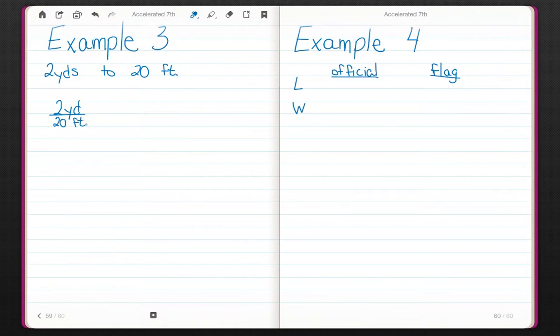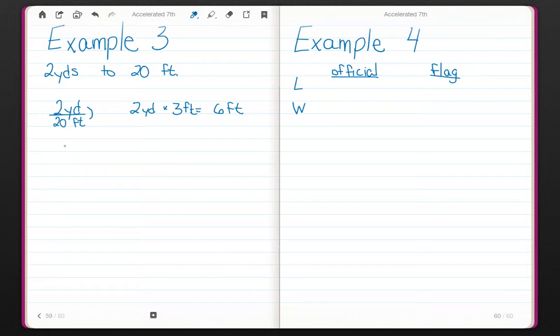However, we have a slight problem in that our units don't match. So in order to make them match, I need to convert my yards to feet. Well, there are 3 feet in a yard. I have 2 yards times 3 feet per yard equals 6 feet.